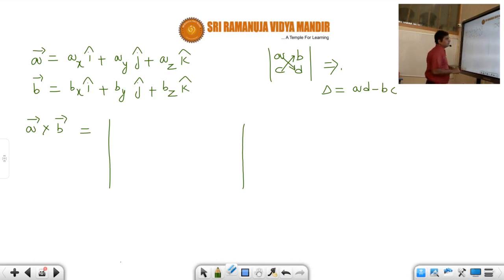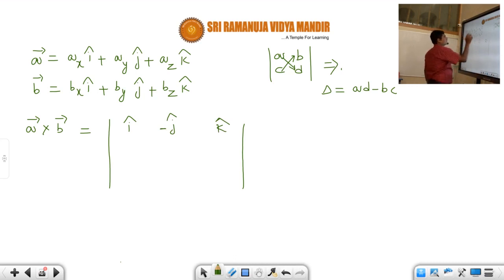Now here, first of all, we should write a 3 by 3 matrix, students. The first row is I cap, J cap and K cap. But for J we should always write minus. Just remember that one.